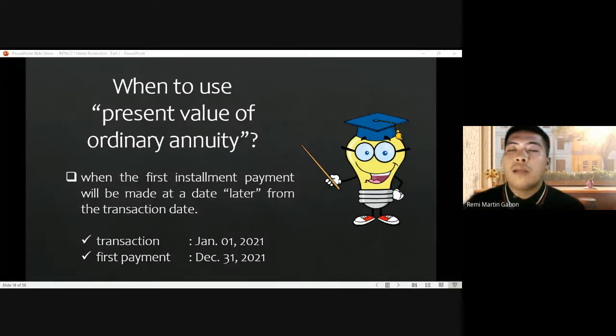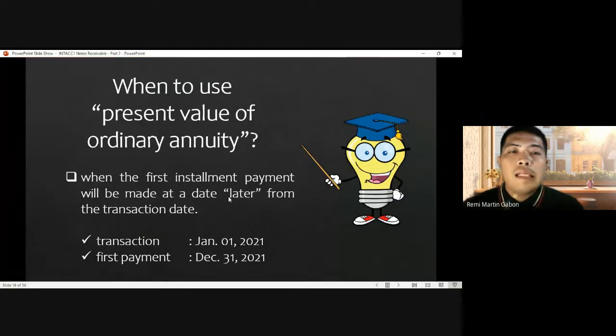Which means if our transaction date is on January 1 of 2021, that would mean that the first payment date, for example, is on December 31, 2021. So there is a substantial period of time before we make our first payment. Kaya nga later. First payment date is at a later date from the transaction date.